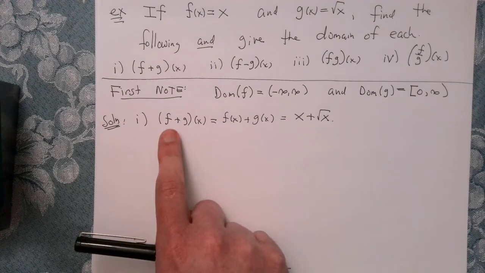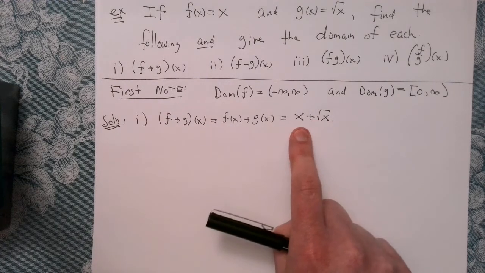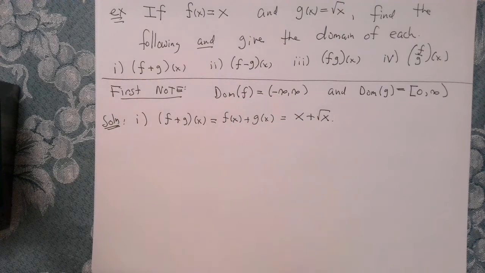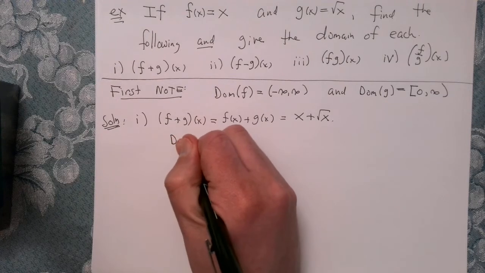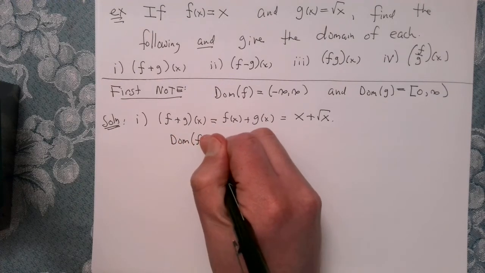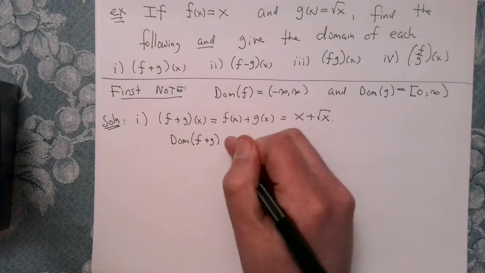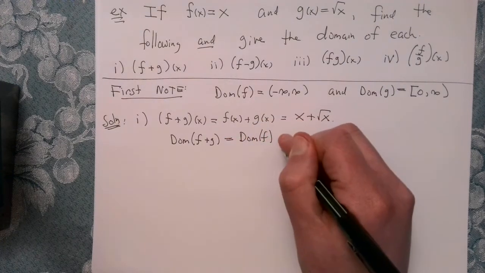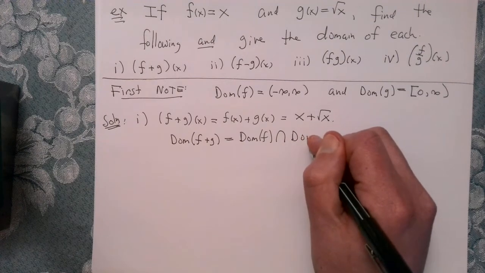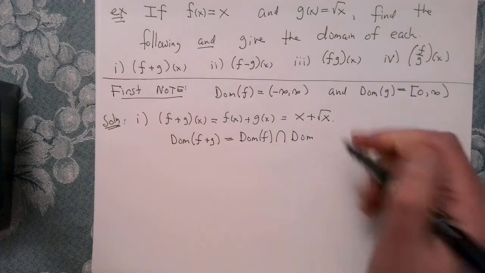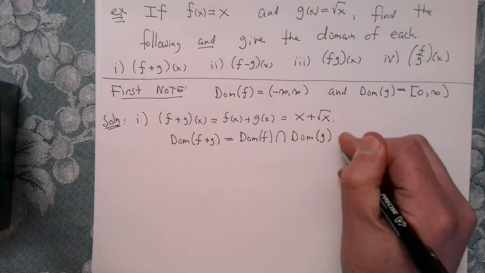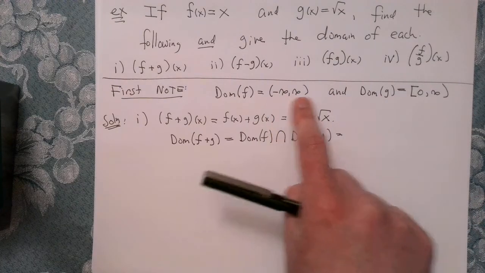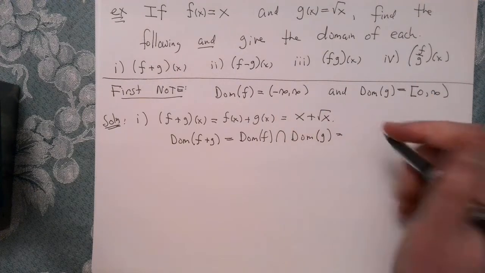Well, if I want to know which values keep this defined, I find the domain of each and then take the intersection. So I'll say that the domain of the f plus g function is exactly the domain of f intersecting the domain of g. That means what they have in common. But what do these two intervals have in common? Exactly this.